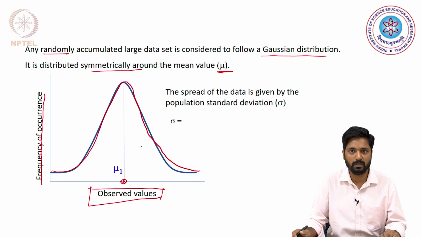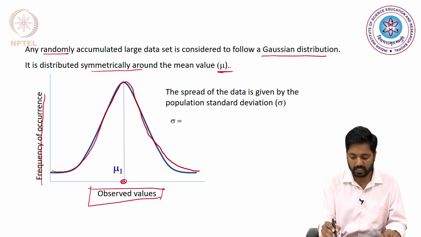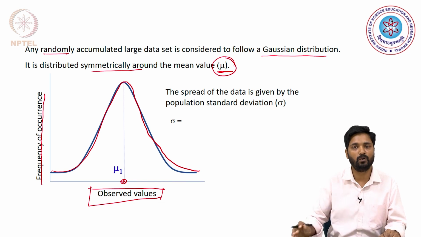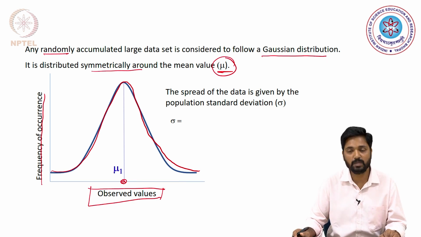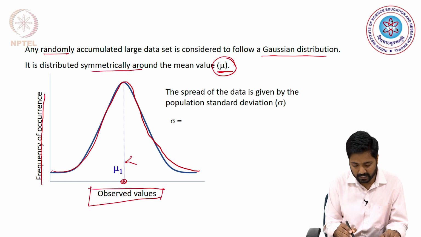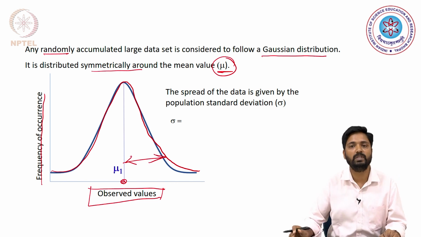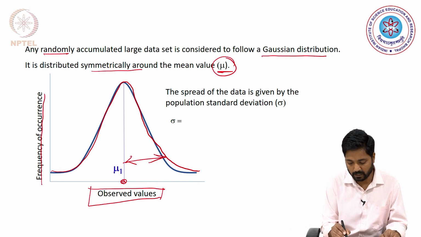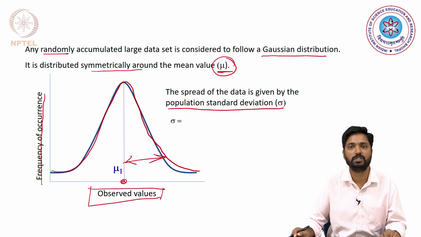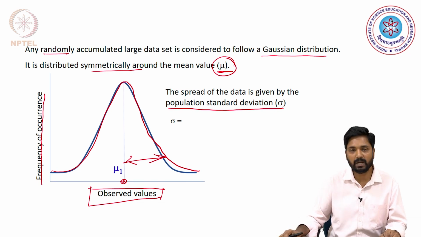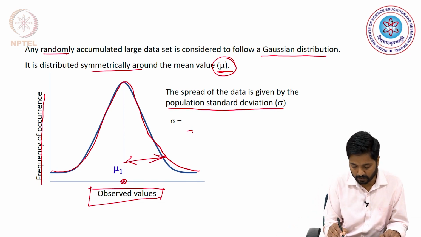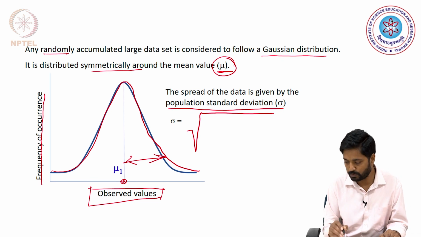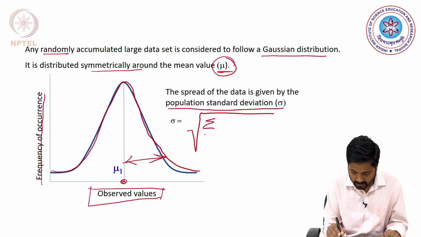For example, we can easily figure out what is the mean value of this data set. Similarly, the spread of this data set is given by what is known as the population standard deviation, or sigma. Now, the sigma is given by a mathematical formula which looks something like this.